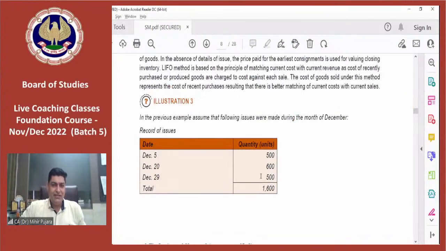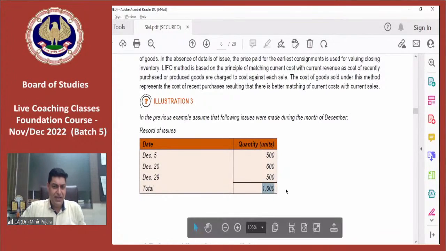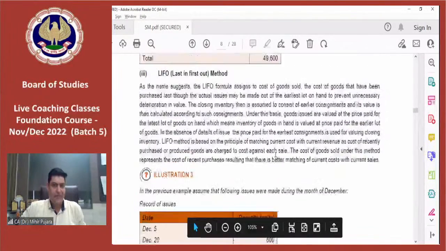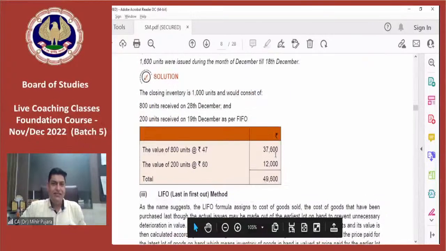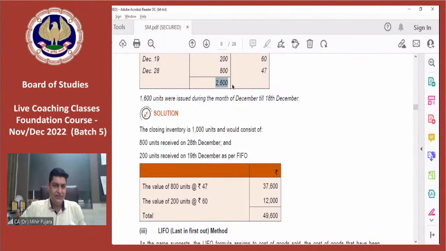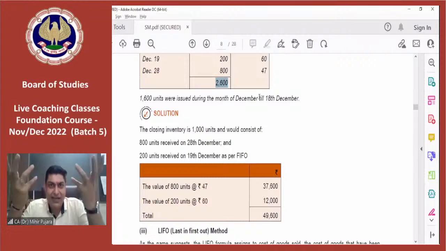Okay. 1600 we are issuing, and 2600 we are purchasing, so 1000 will be there. But if you are following the periodic inventory system, it means you are not maintaining any register, any such ledgers, columns, nothing.